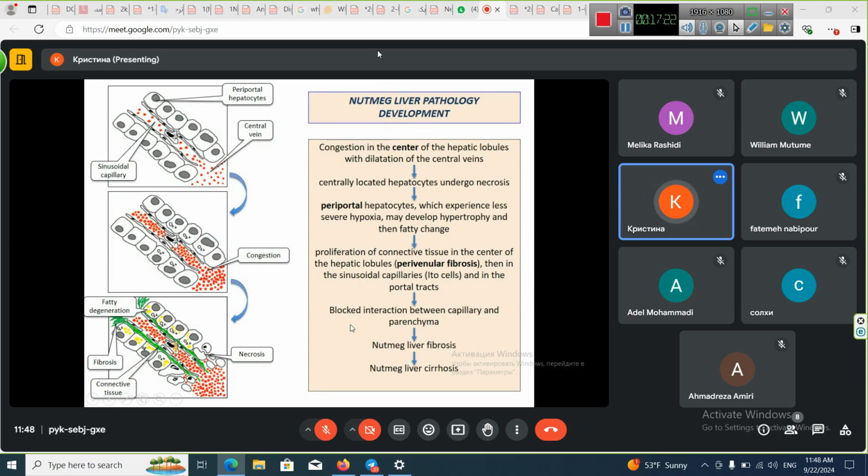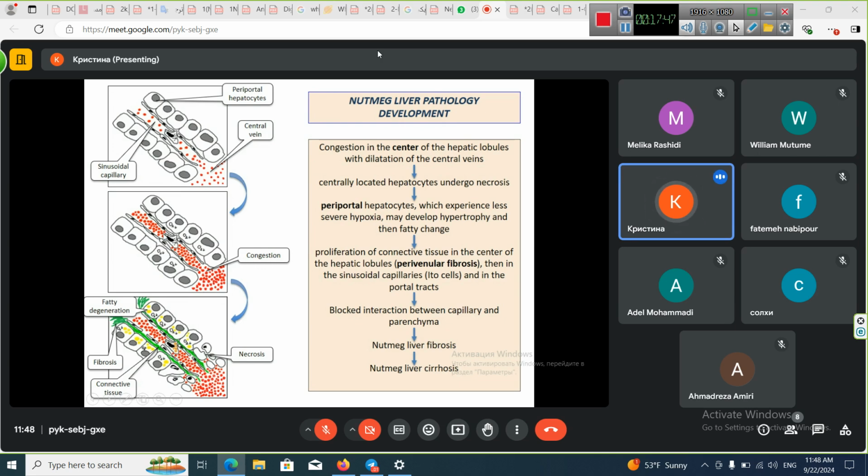Next, blocked interaction between capillary and parenchyma. What does it mean? That all the cells, hepatocytes, receive oxygen and nutrients from blood through the space between the endothelium of the sinusoidal capillary and the membrane of the hepatocyte.